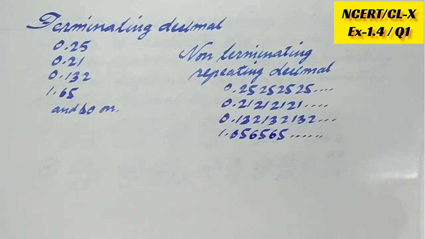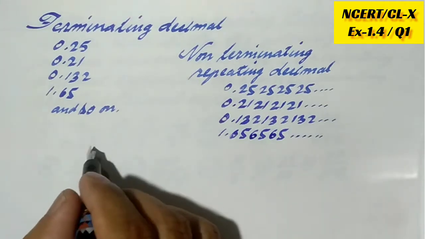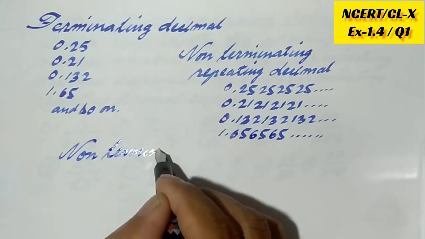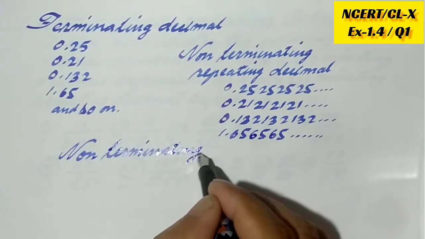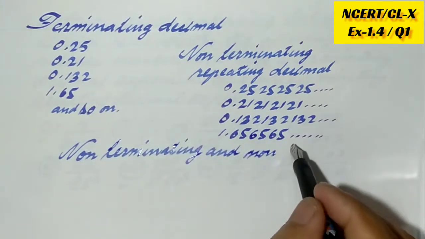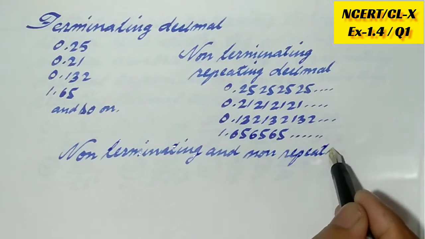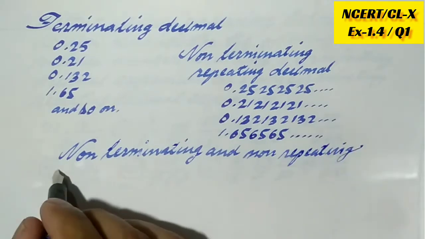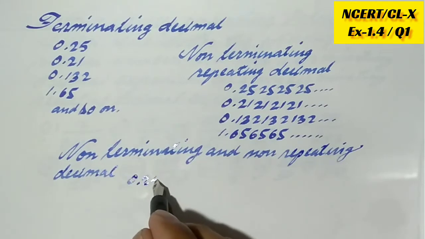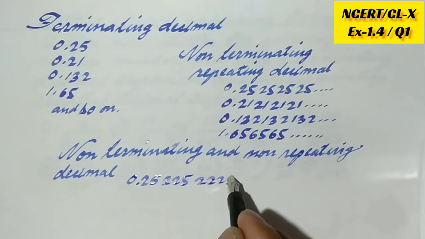Okay, let me come to another type of decimal, that is called a non-terminating and non-repeating decimal. You can also say non-terminating and non-recurring decimal. So let me write here non-terminating and non-repeating decimal. Let us see the examples: 0.25 225 225 and so on.